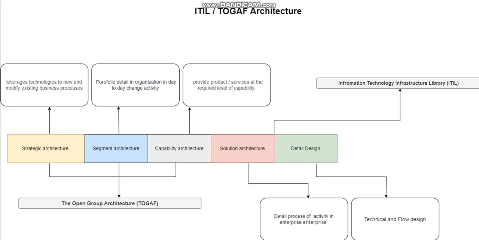So let's move to the solution architecture and design detail for ETL. Solution architecture is the main job of the solution architect: the detailed process of activity in the enterprise. It means the whole big picture of how the system flows and how the system connects to the business process within a conceptual or graphical design created by the solution architect.